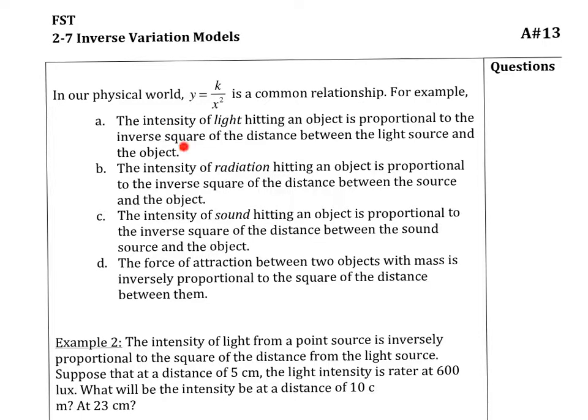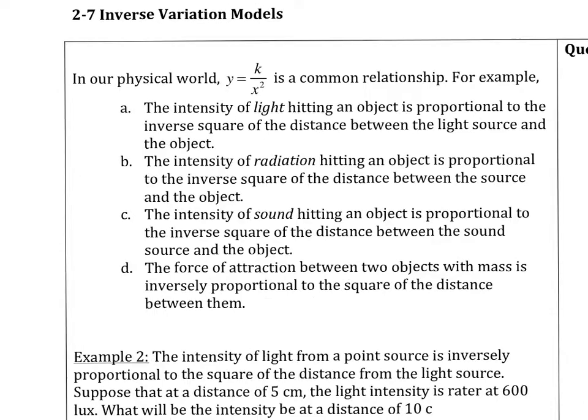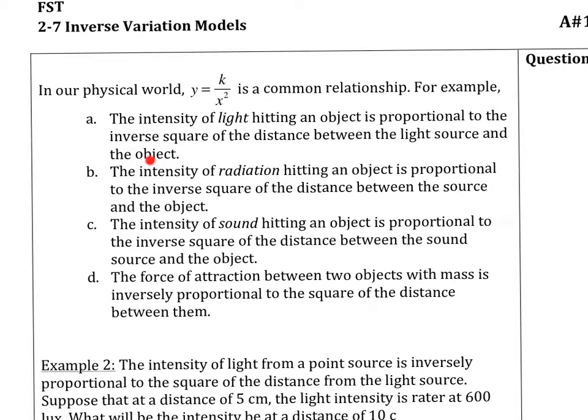So for example, the intensity of light hitting an object is proportional to the inverse square of the distance between the light source and the object. In other words, the farther away you get, not only does the intensity of the light diminish, but it diminishes by square. We square the distance as it moves away. So it diminishes quite a bit.